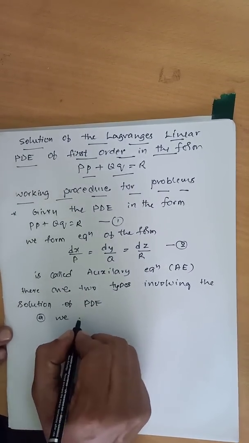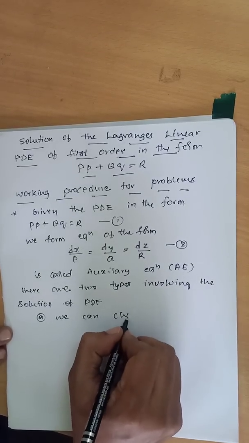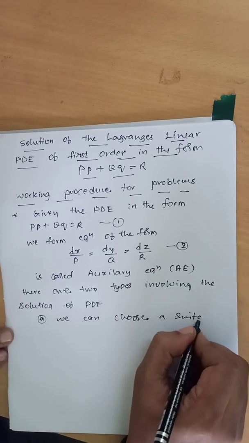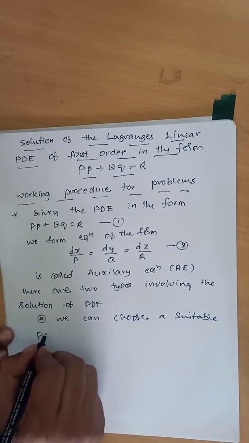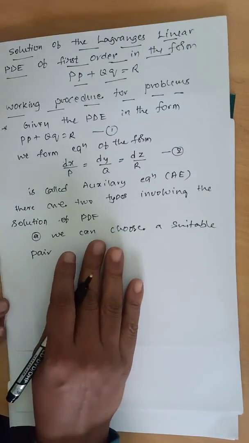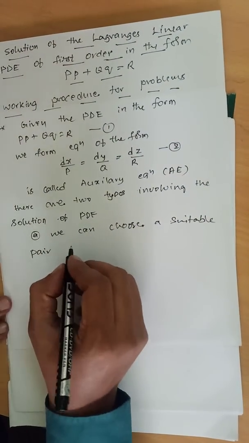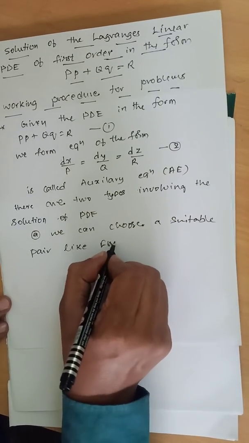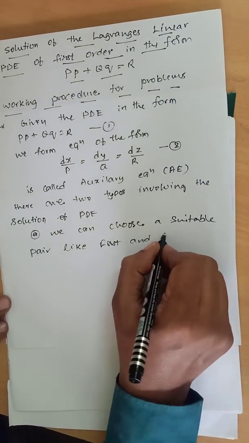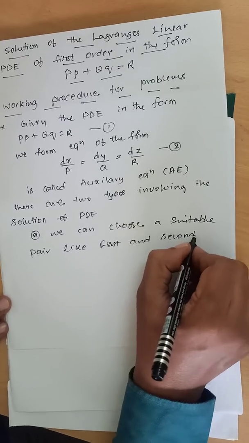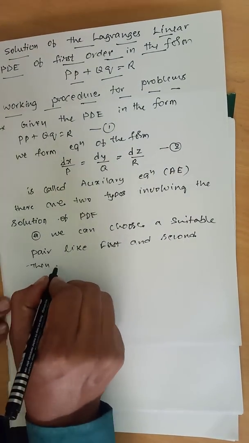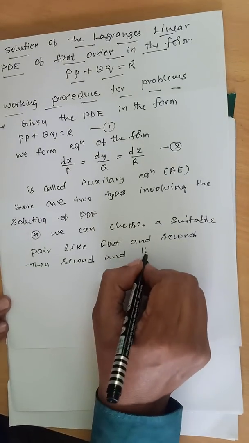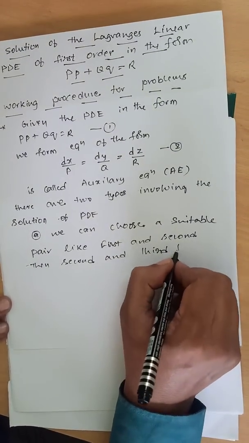We can choose a suitable pair like first and second, then second and third term.